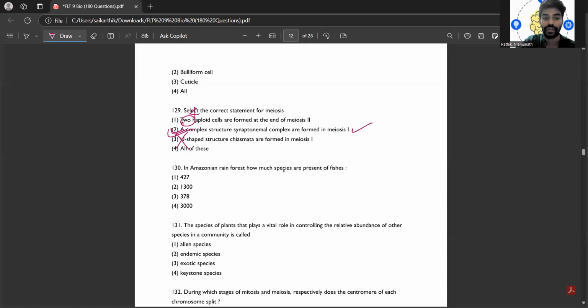So it will be like 427 amphibians and mammals, they are actually the birds, and this is reptiles. And this thing that is 3000 is actually the fishes. So the fourth one is correct.